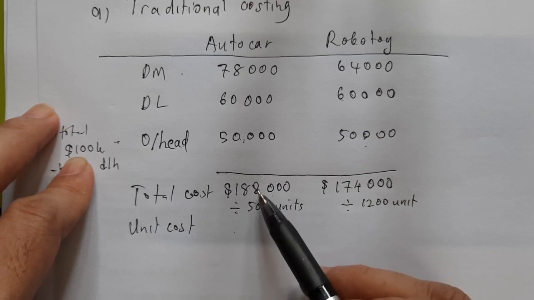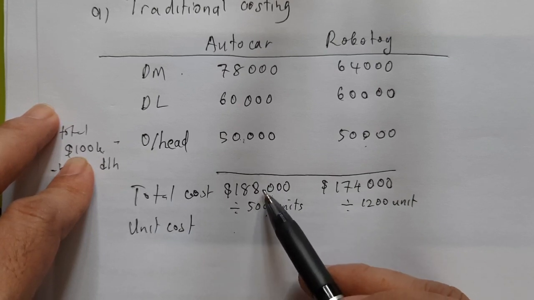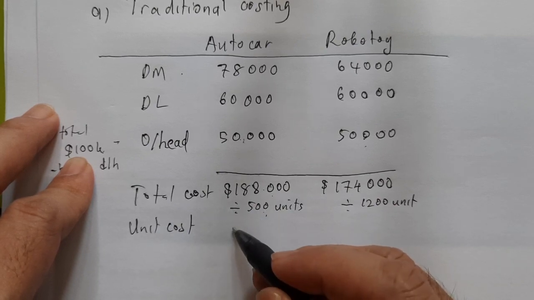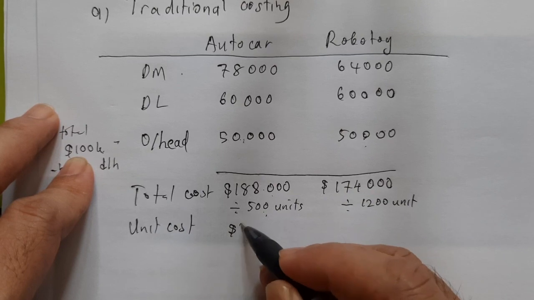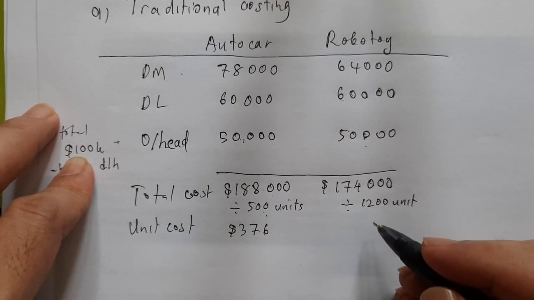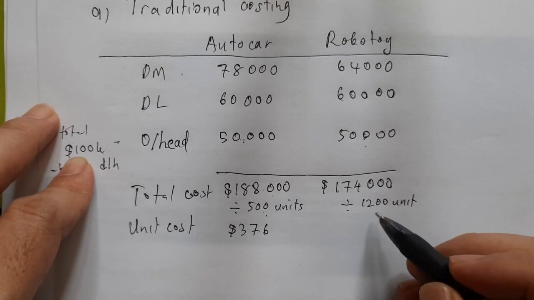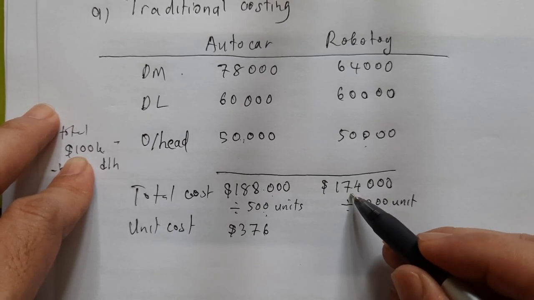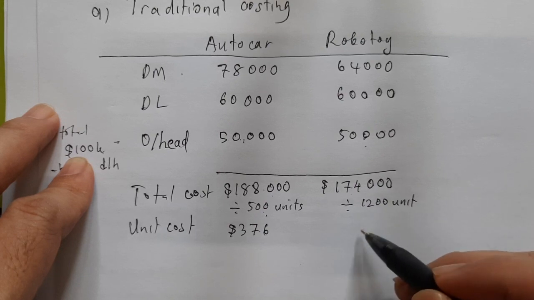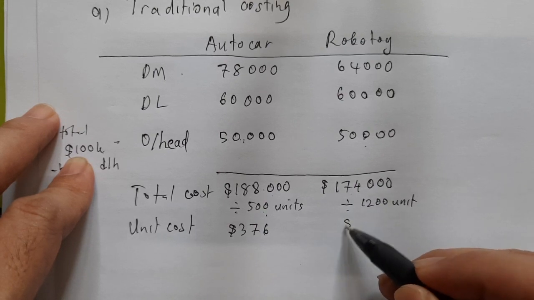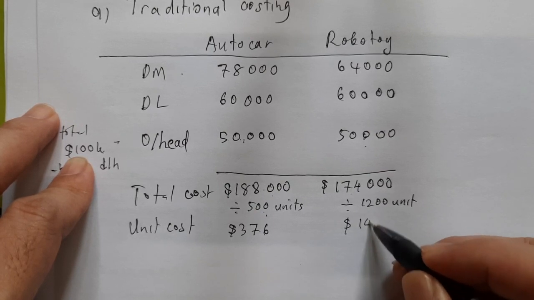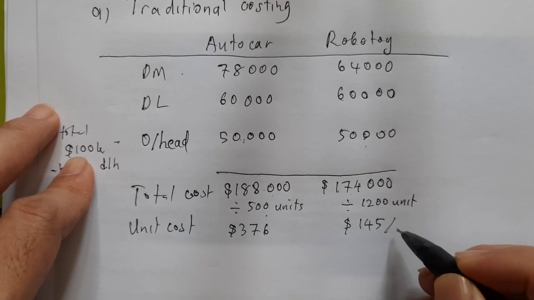For this autocar product, this one divided by 500, cost per unit is $376. And then for the robotoy product, 174,000 divided by 1,200 units, so per unit cost is $145 per unit.